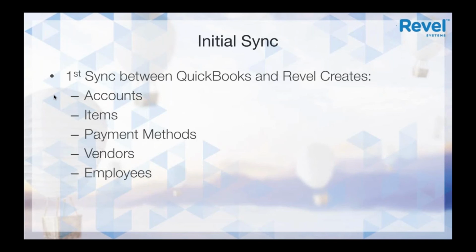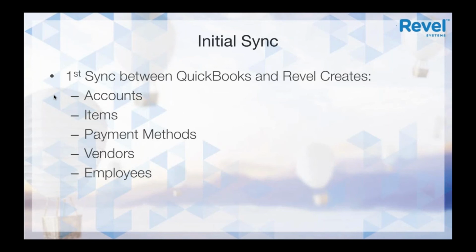As I mentioned before, we will only create the things that we need to perpetuate the integration. So if you integrate with a summary level, then we create taxable sales, non-taxable sales, gift cards, taxes, all of those items so that we can pass under those item names into QuickBooks.